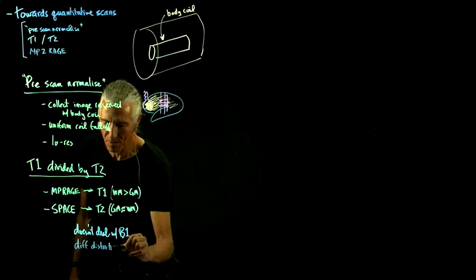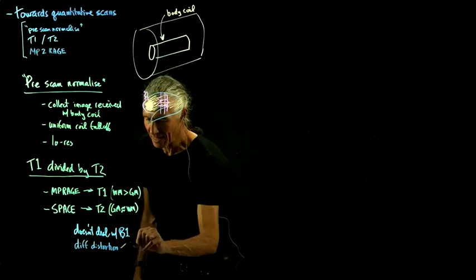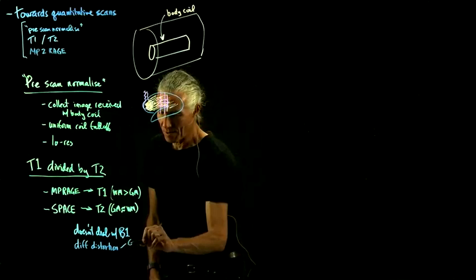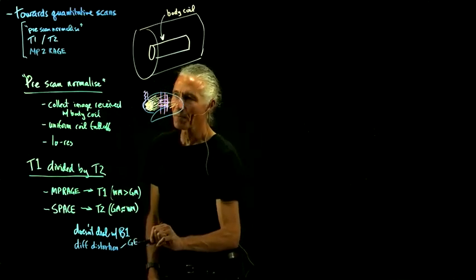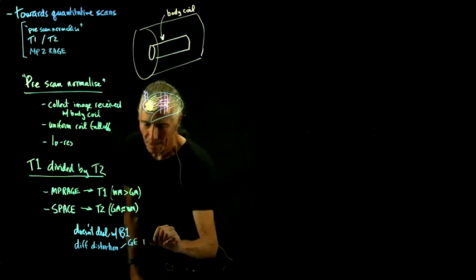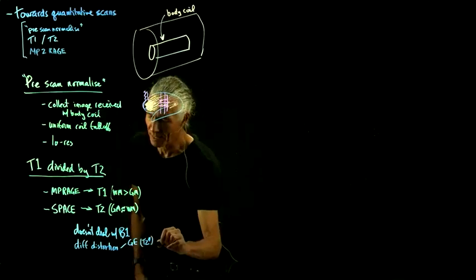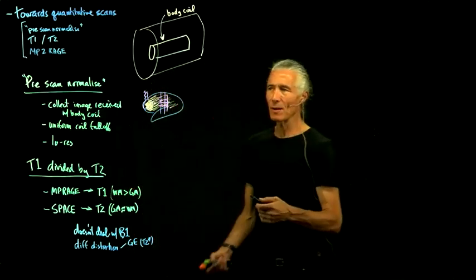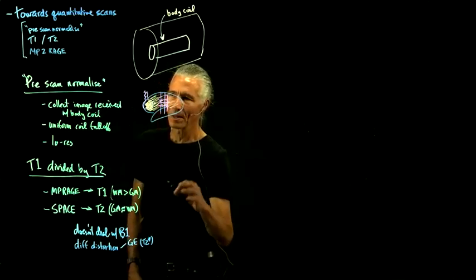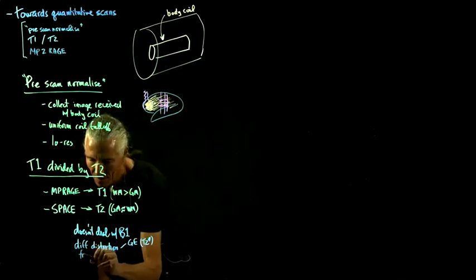And why is that? Well, the FLASH-like scan, the MP RAGE type scan, is a gradient echo. And so that means it's T2 star. And so it's not correcting static field offsets because the echoes that come out are all T2 star weighted. And so they've got the star problem from fixed B0 offsets. So different distortion from B0.